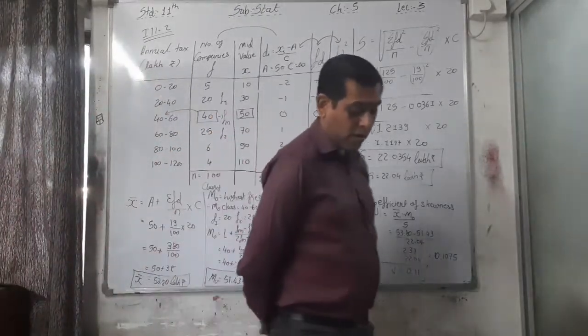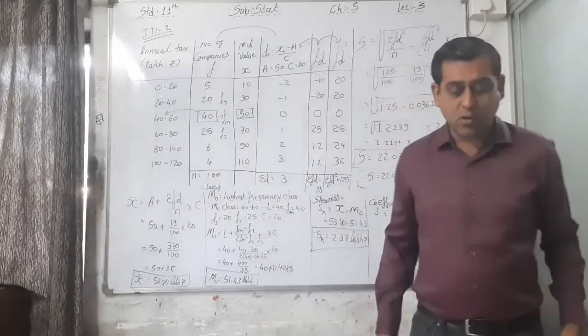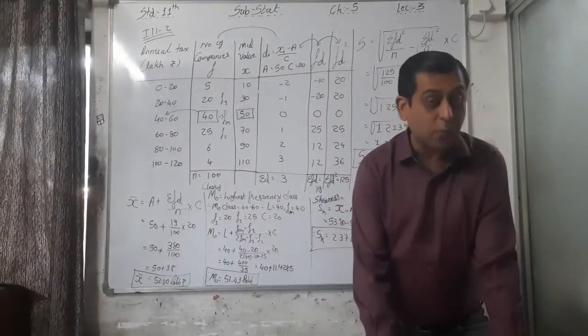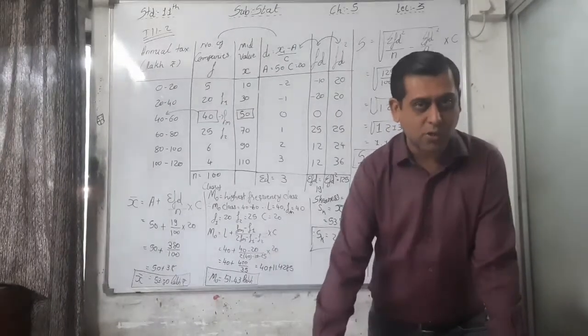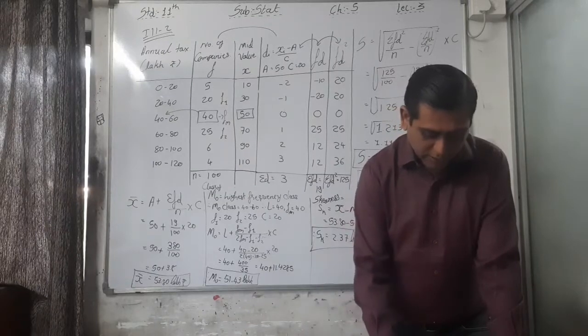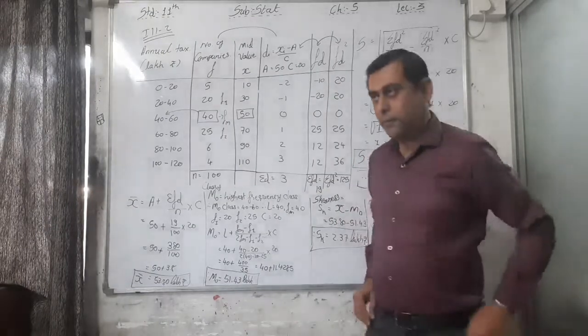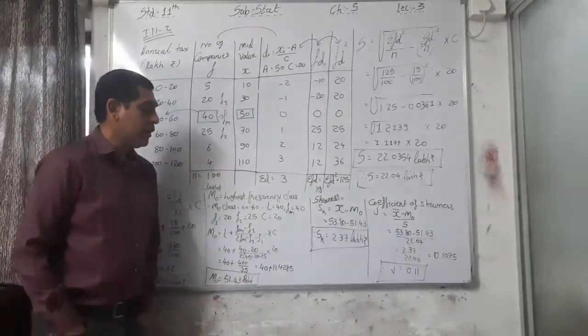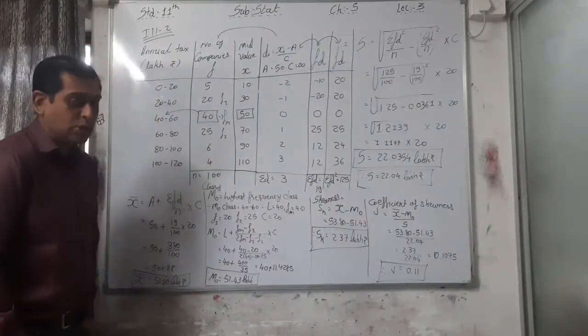Okay, and here you have to write the last line of the answer. Hence it can be said that the frequency distribution has a positive skewness, because the answer is positive. A small value of the coefficient of skewness indicates that it is almost symmetric. Small value means 0.11, so we can say it's near to 0.